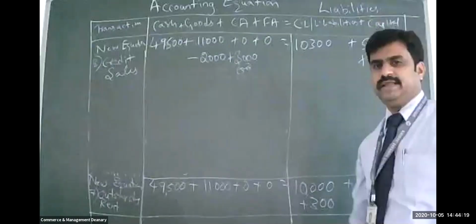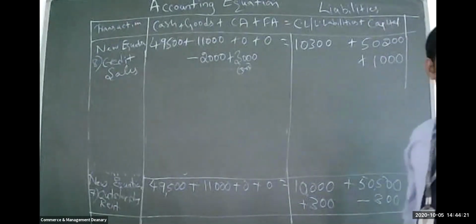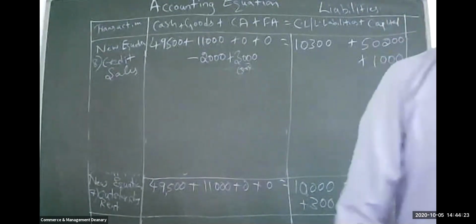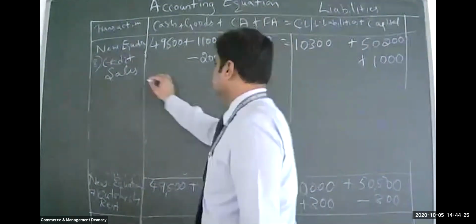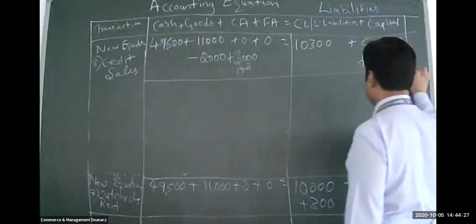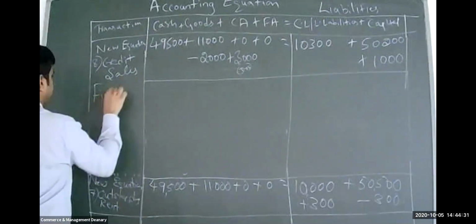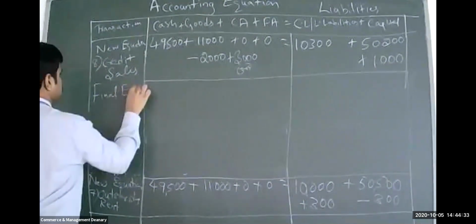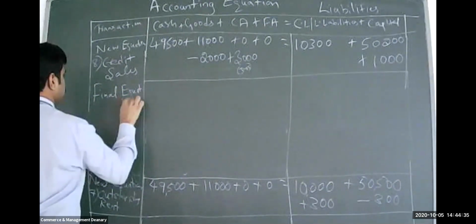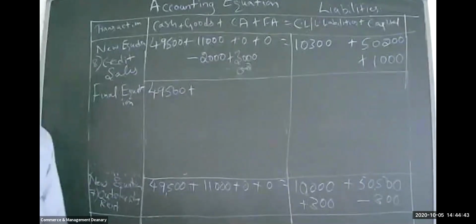Is it clear, students? Any doubt? Any other transaction? This is the last transaction. So write down the ending equation or final equation. Now, how much is goods? 9,000.